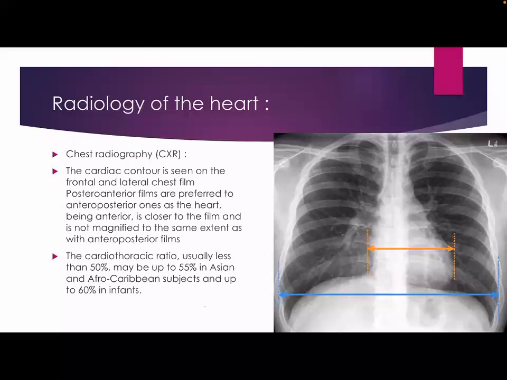The normal value in the adult is up to 50% and in children or infants up to 60%. It is preferably measured on the PA film rather than the AP film because of the magnification of the heart that occurs in the AP film.